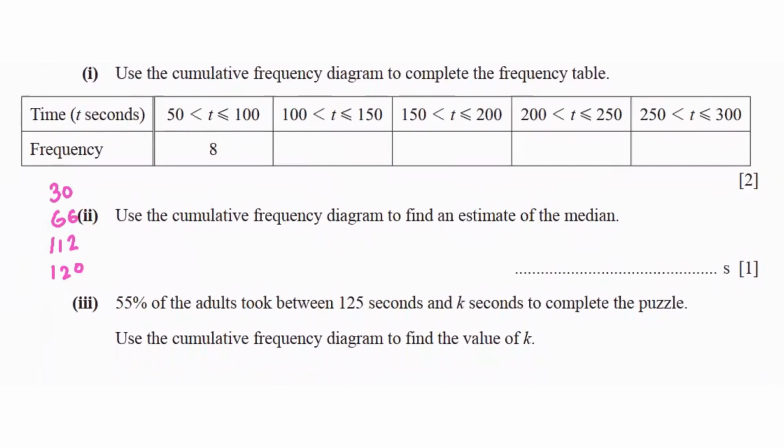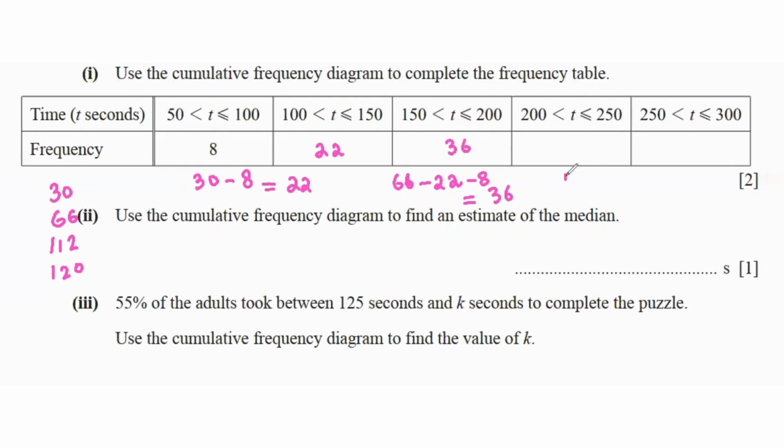So now if we find the frequencies, we will do first 30 minus 8, which will give us 22. So this will be 22. And for the 150 to 200 interval, I will do 66 minus 22 minus 8, which will give us 36.